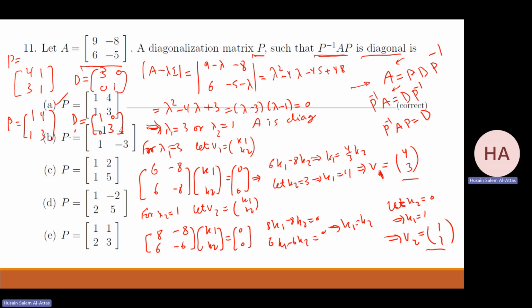This one is not. I don't have 2 and 5, 1 and 3. So there is not only one solution, there are many solutions, but be sure it should satisfy the condition. Actually, any scalar multiple of this is also an eigenvector.